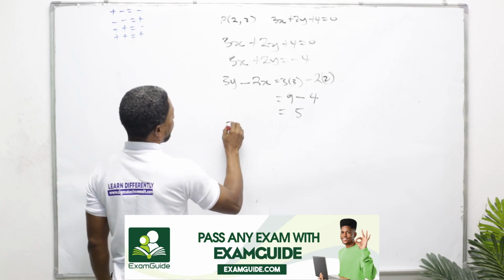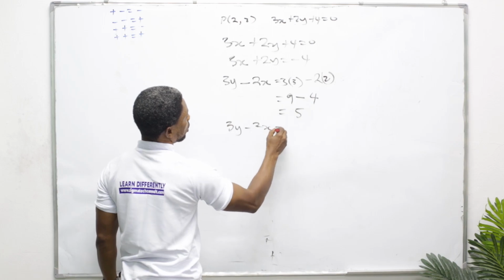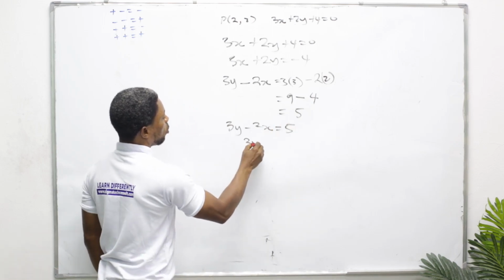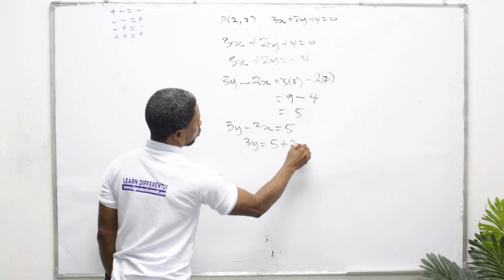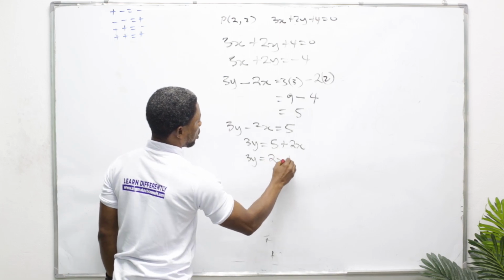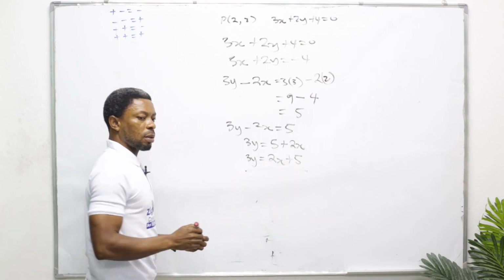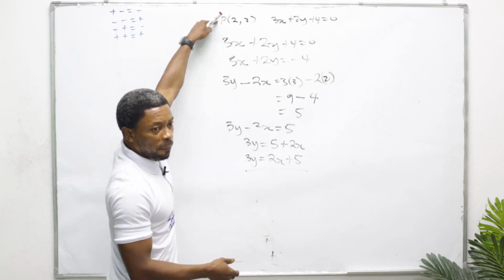So you now have 3y minus 2x is equal to 5. So 3y is now equal to 5 plus 2x, or you can put it this way also, 2x plus 5. That forms the equation.